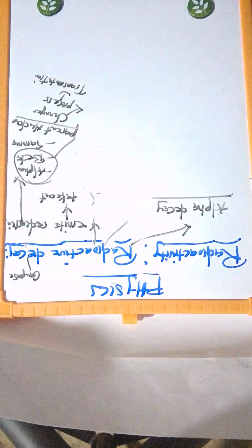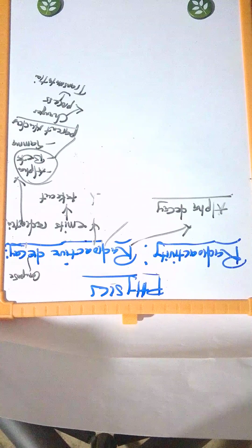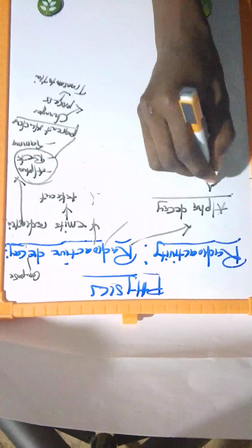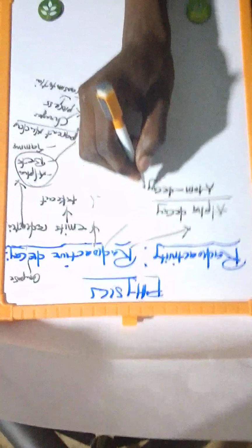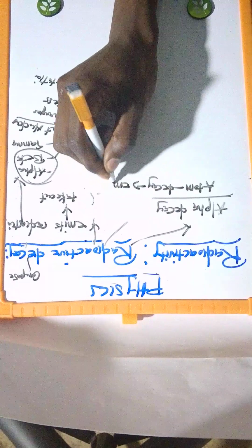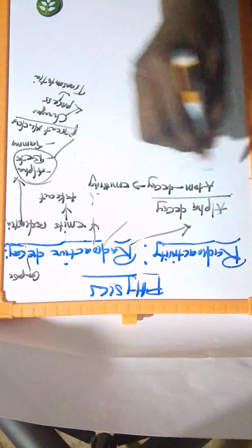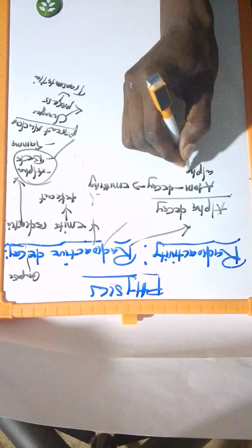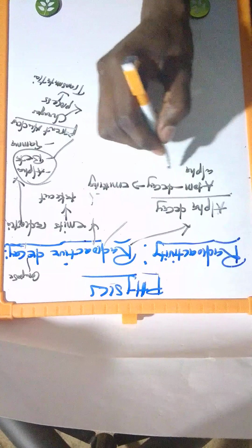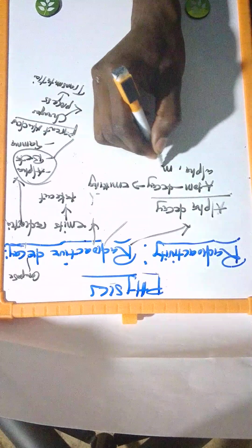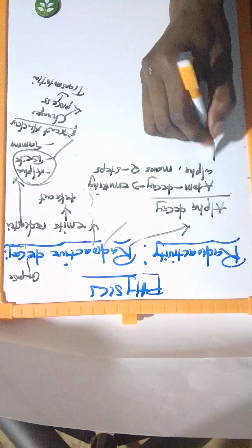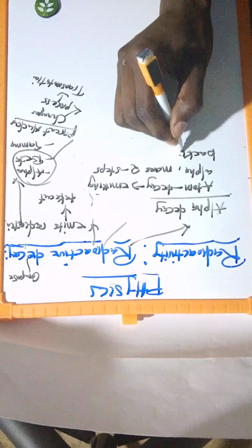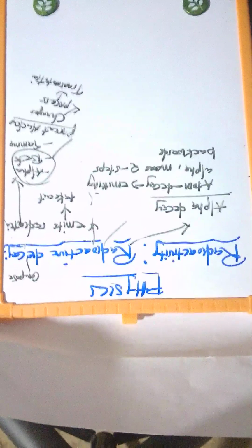During this type of decay, when an atom decays by emitting alpha, this atom moves two steps backwards on the periodic table.